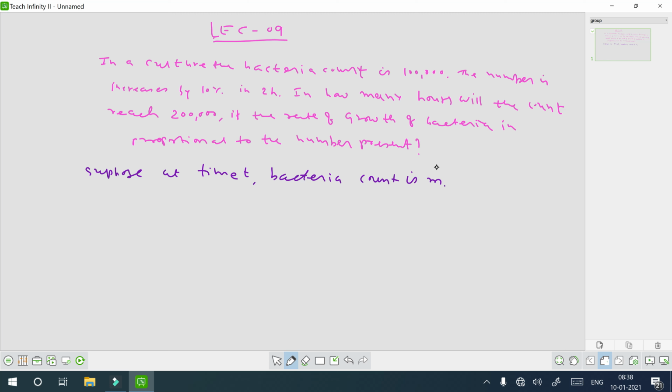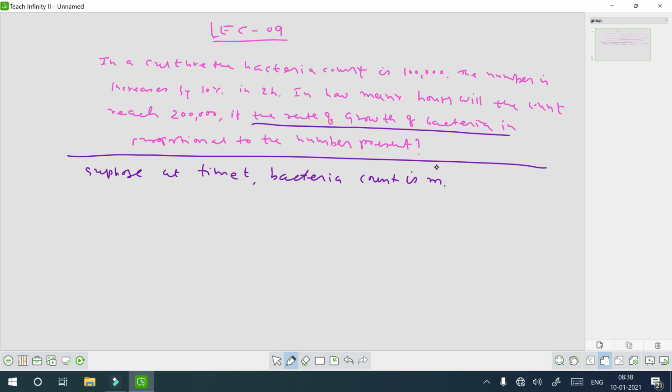Now it is given that the rate of growth of bacteria is proportional to the number present at that time.